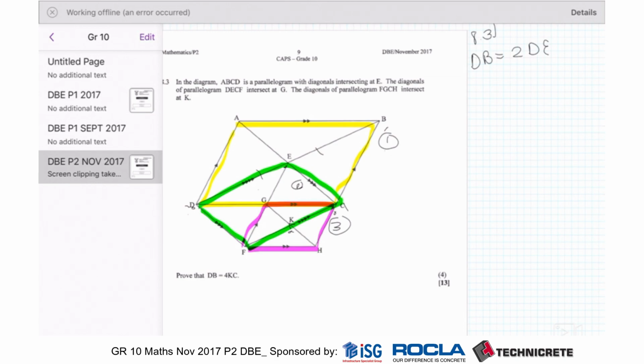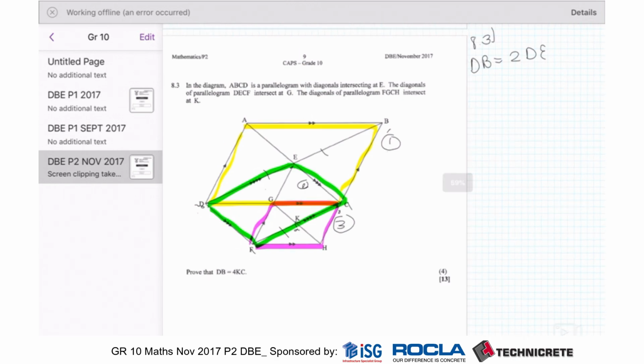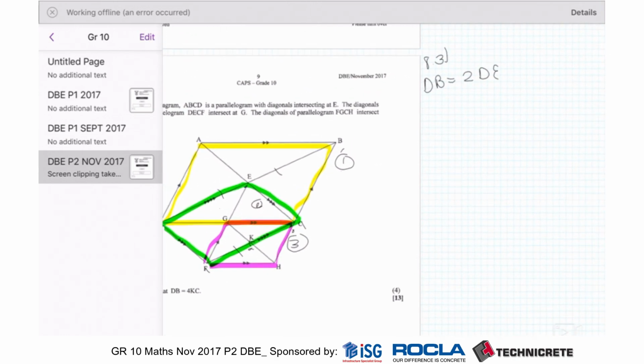But DE, we know, is equal to FC. Do we see that? DE is equal to FC, opposite sides of the parallelogram. Okay, so the first reason of this is we know that diagonals bisect. The second reason is we're saying DE is equal to FC. We're working from this parallelogram to the next parallelogram.